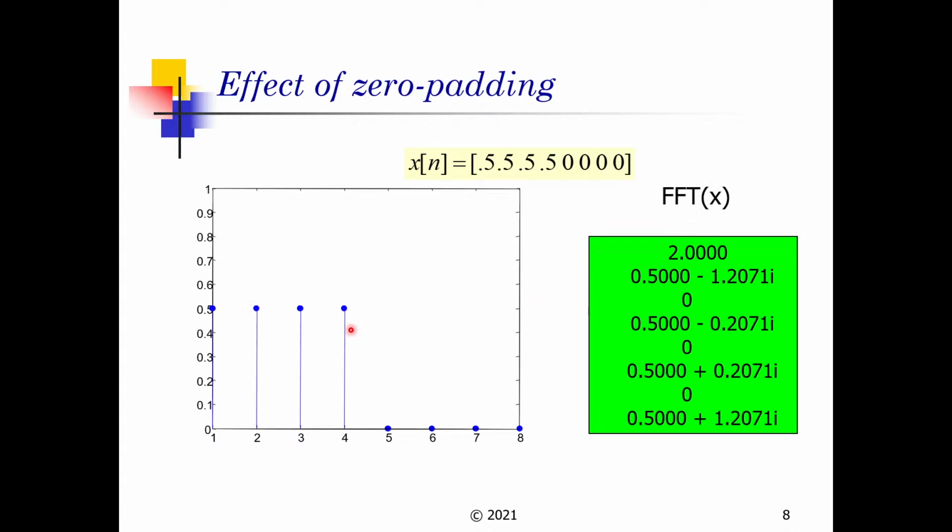When we do the FFT of the signal here, we see that we get a lot of zero components in particular, as well as some other frequency components, being this 0.5 minus 1.2071i. Because of this zero padding, that's why we get these additional frequency components, because now we have extra samples in our signal that are going to be factored into our FFT calculation.